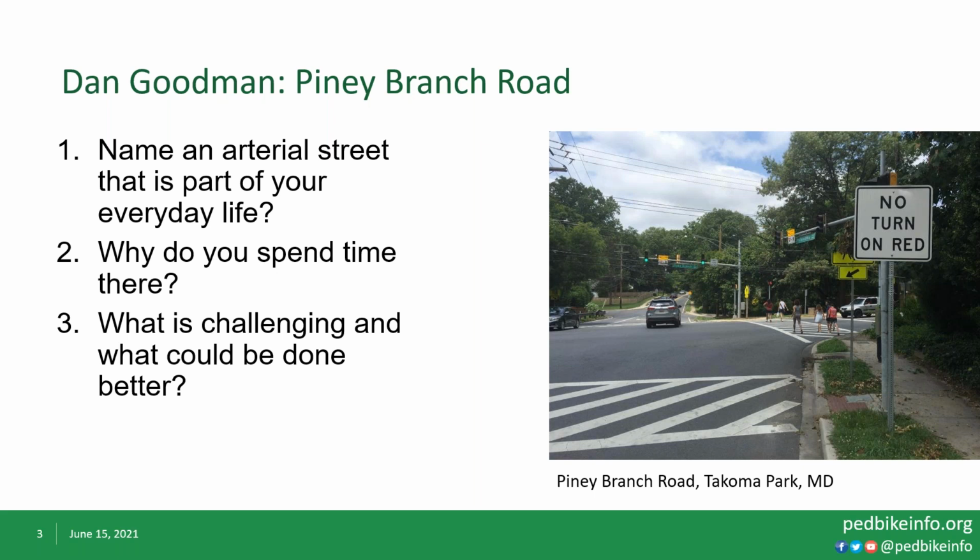There's the car coming down the hill from the right and turning right onto Philadelphia Avenue. And that's a potential conflict point. And the third one is the car coming towards us, turning left up the hill, up Piney Branch Road. So there are 3 potential conflicts with my kids when they're crossing this intersection with the pedestrian walk signal.